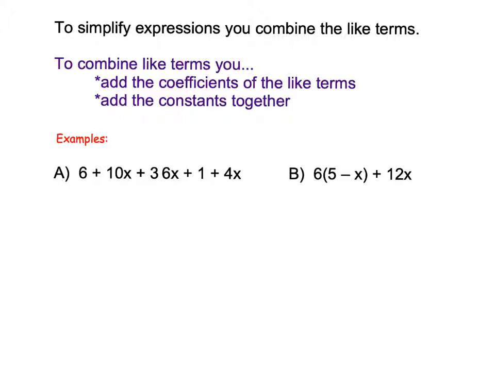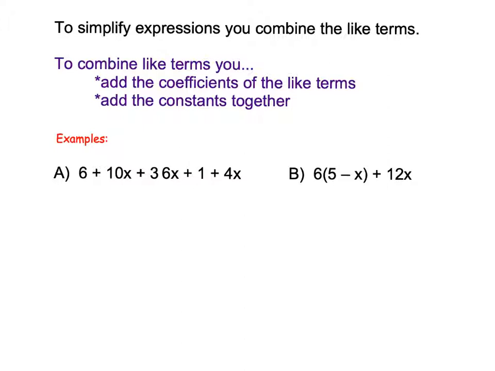So let's look at example A. I'm going to put a box around a pair of like terms. 10x and 36x and 4x are all like terms. I have another set of like terms, and those are my constants, 6 and 1.